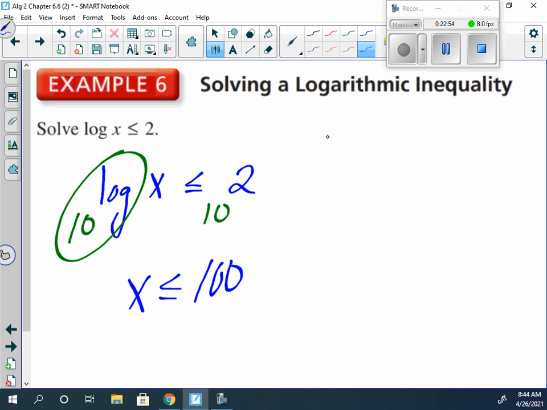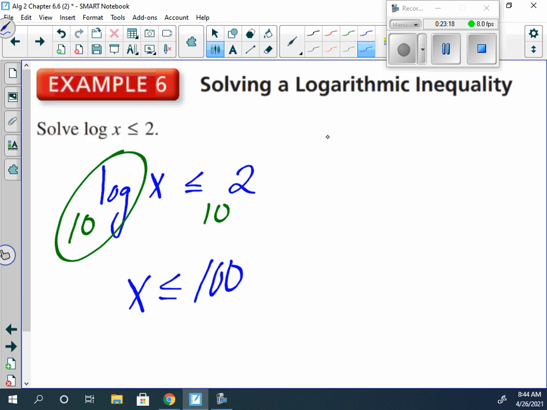Does this inequality include negative numbers? Is -1 less than or equal to 100? Yes, it includes all of them, because every negative number is less than 100.